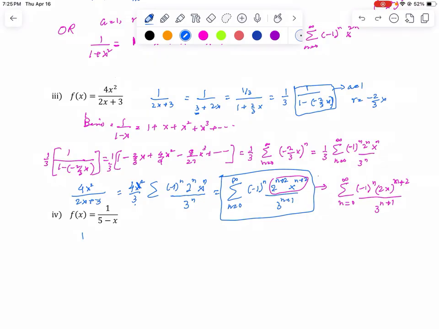We have 1 over 5 divided by 1 minus x over 5. So this is 1 over 5 we take in front, and now we are left with 1 on the top and 1 minus x over 5 at the bottom.